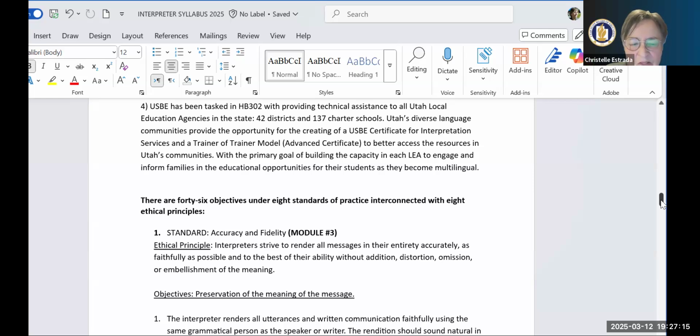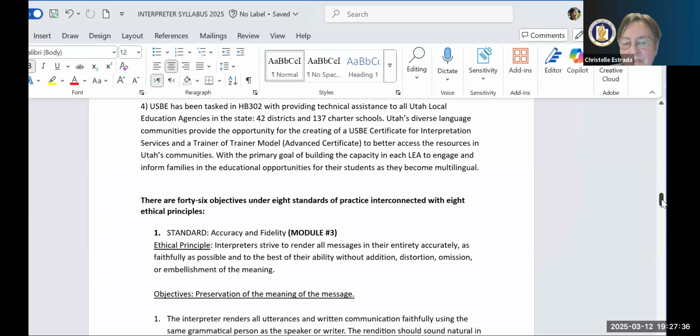So the first standard is accuracy and fidelity. And the ethical principle, I'm just going to read this to you and then we'll have an open discussion about it. Interpreters strive, and remember, this isn't translation. Translation is written. Interpretation is oral.